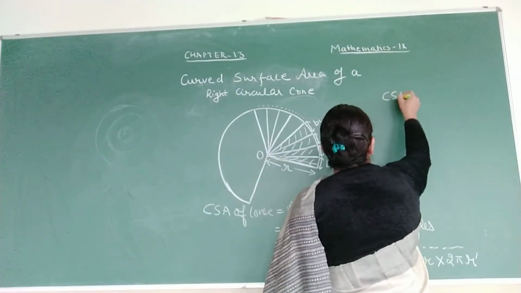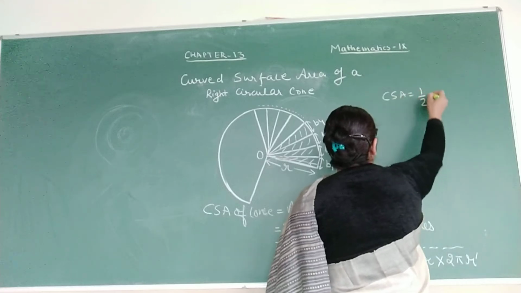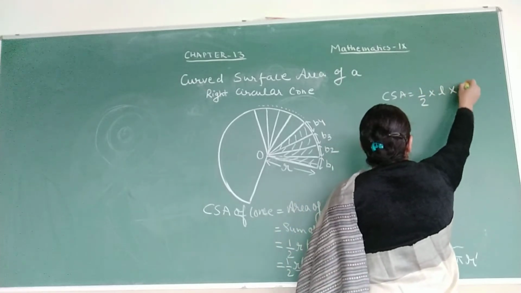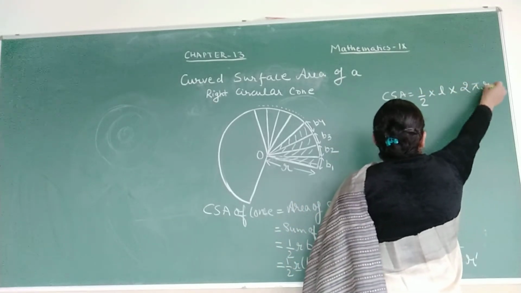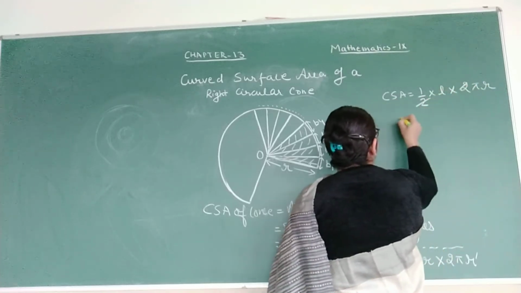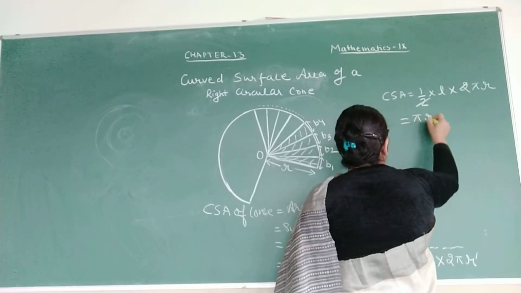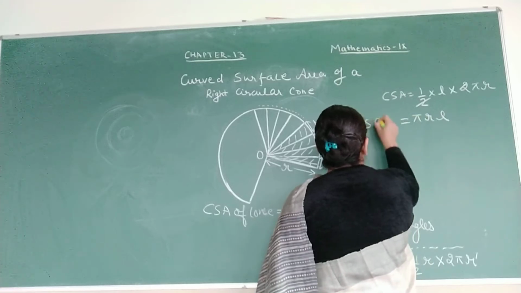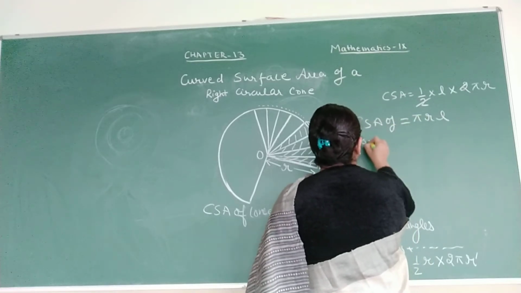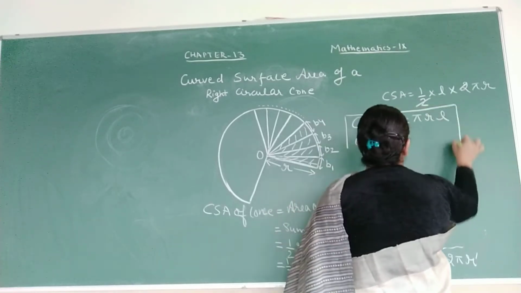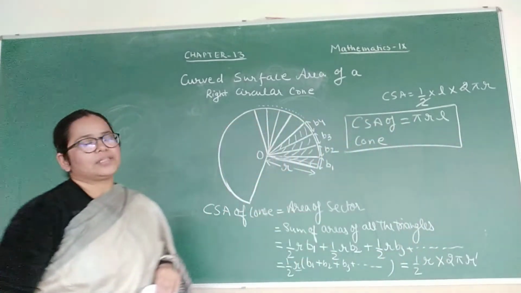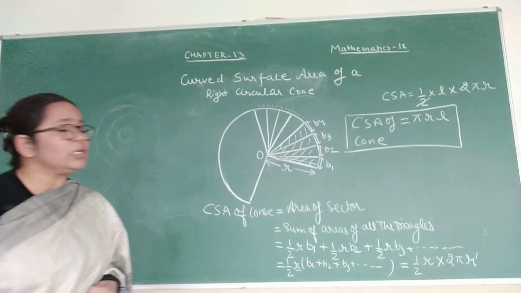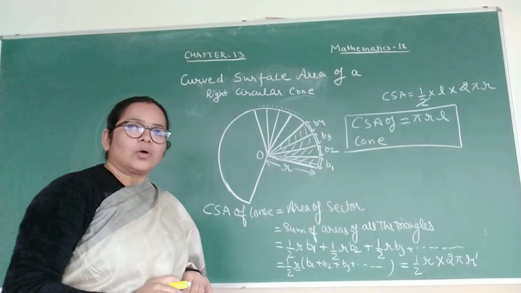We got that CSA is equal to half into L into 2 pi r. So half and 2 will get cancelled. We are left with pi r L. So CSA of cone is pi r L. In this way we can prove the formula for the curved surface area of the cone.